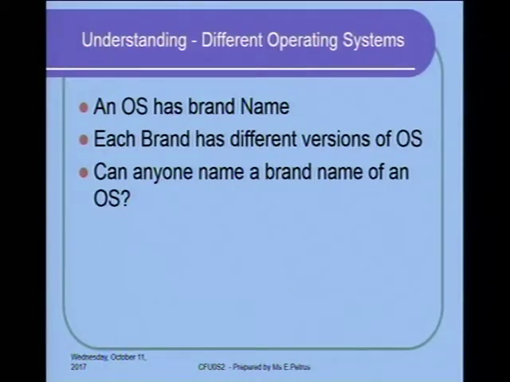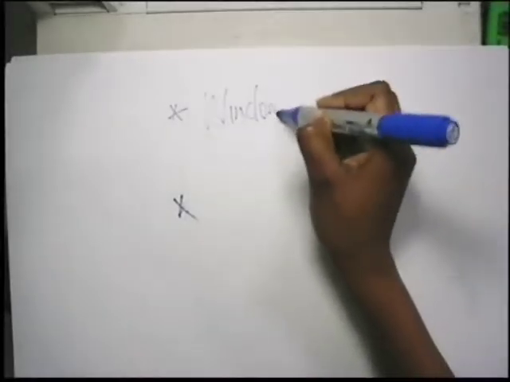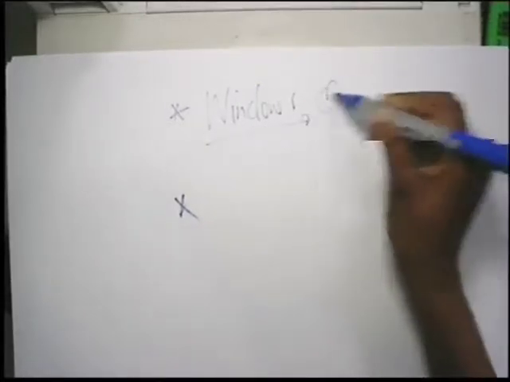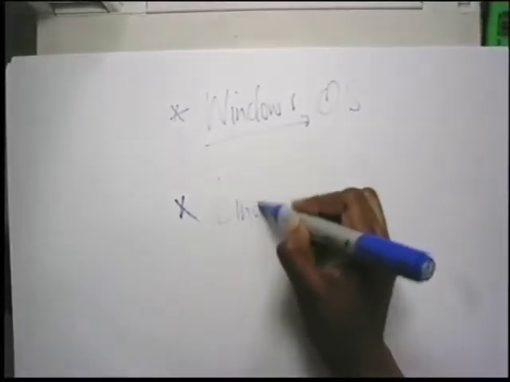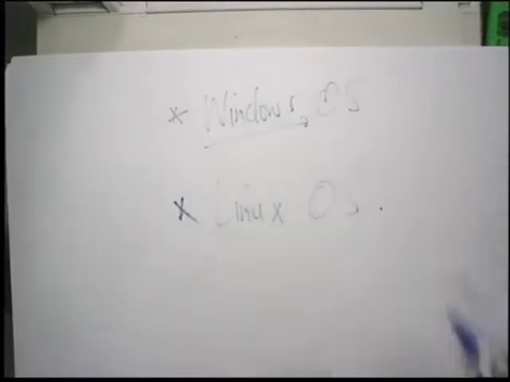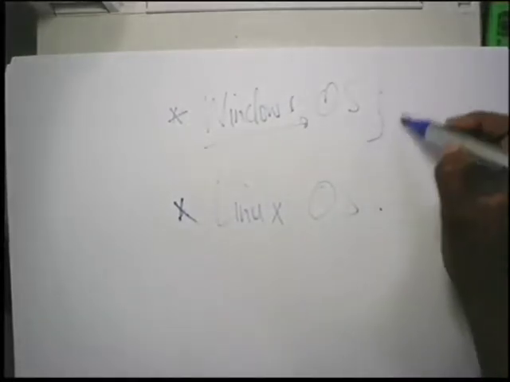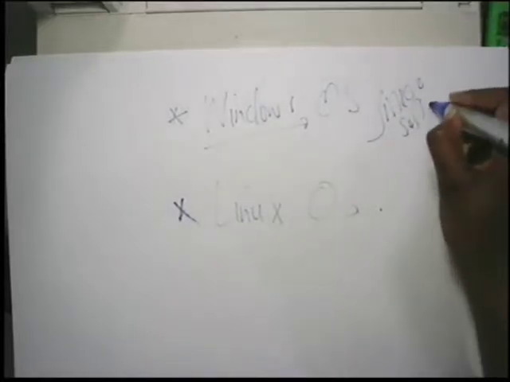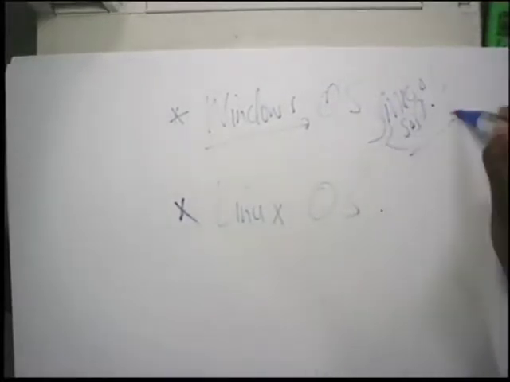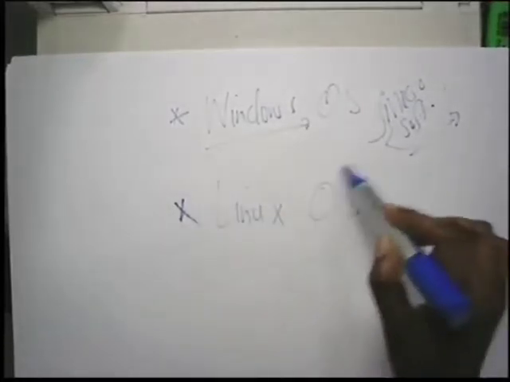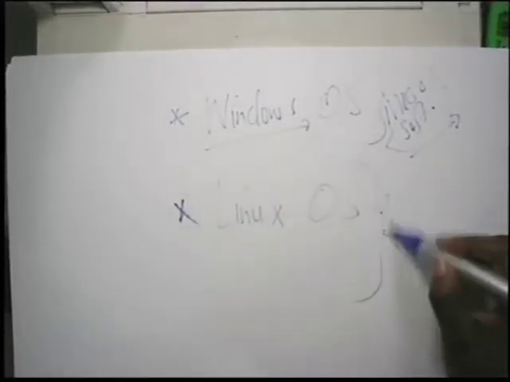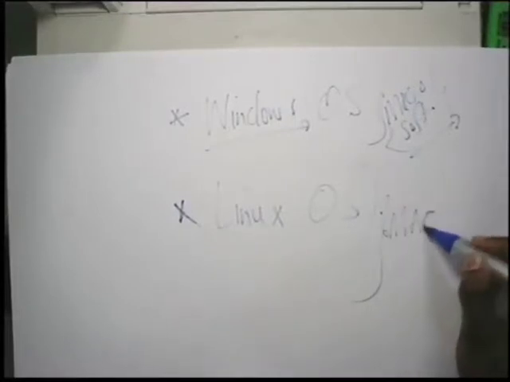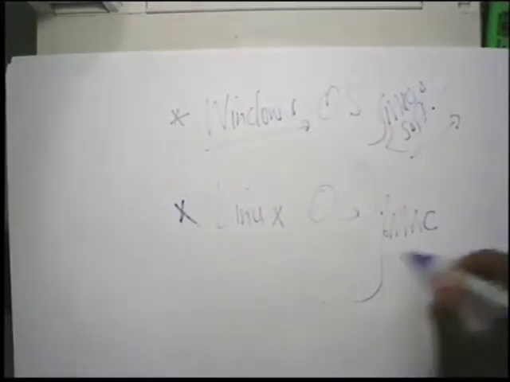Looking at computers, we have Windows operating systems, and we have Linux operating systems. What's the difference? Windows operating systems work on Microsoft-type computers, made by the Microsoft company. The Linux operating system works on computers like Mac.